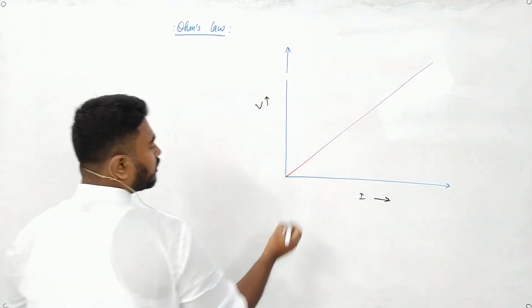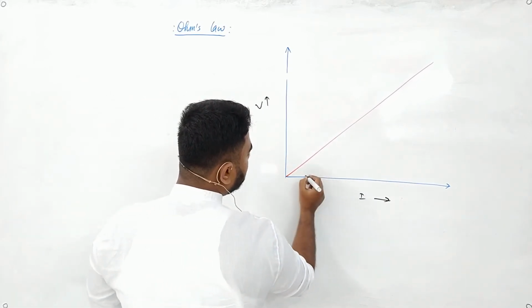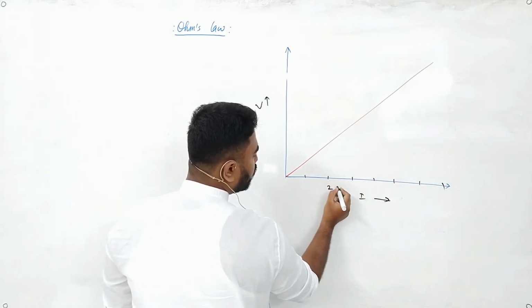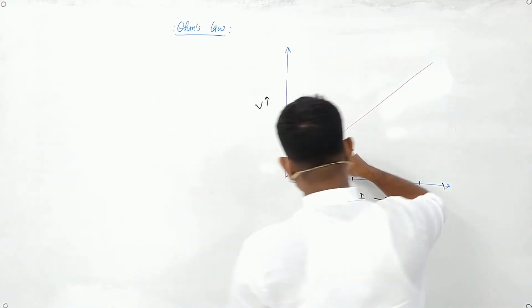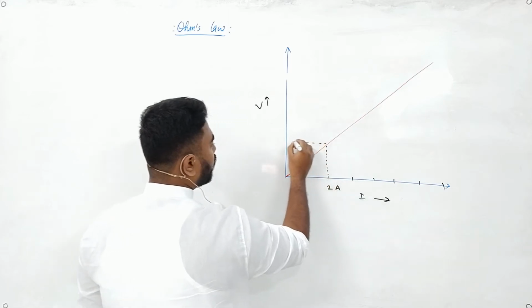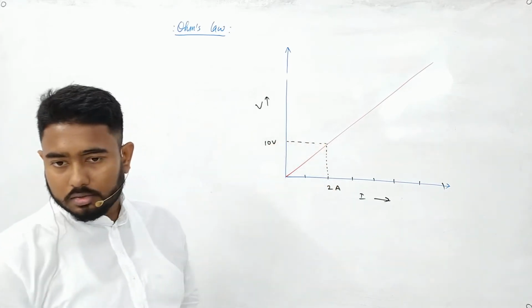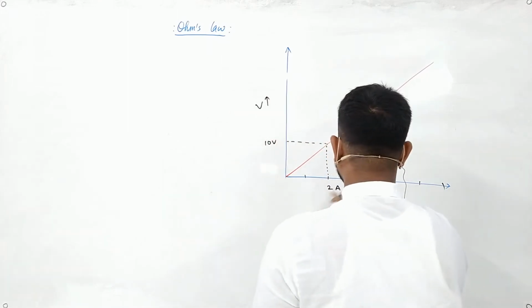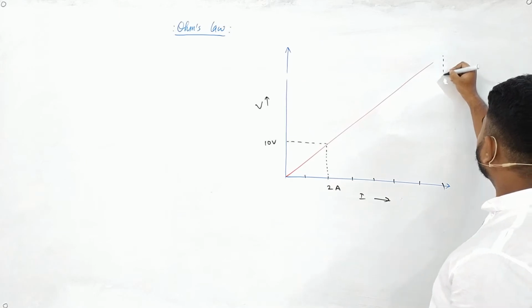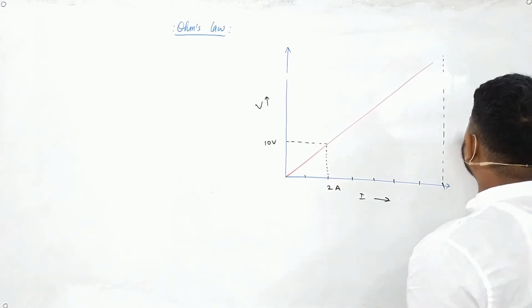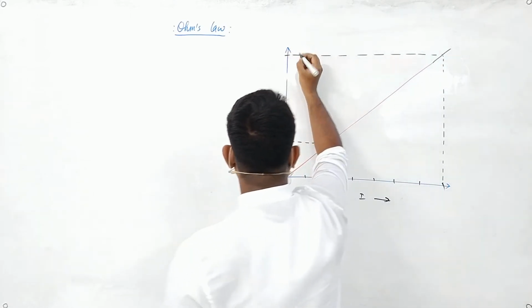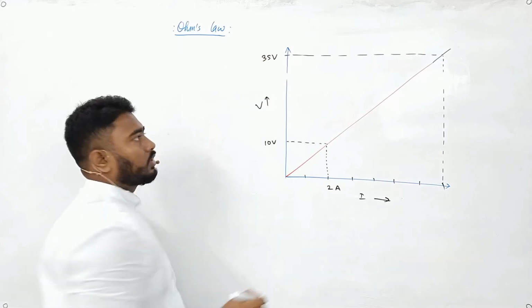I found out that when it was 2 ampere, the corresponding value of voltage was 10 volt, right? When it was 7 ampere, the corresponding value was 35 volt, right?